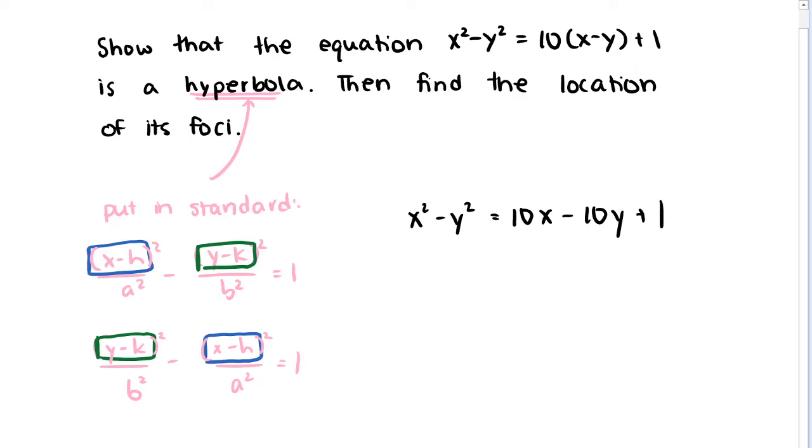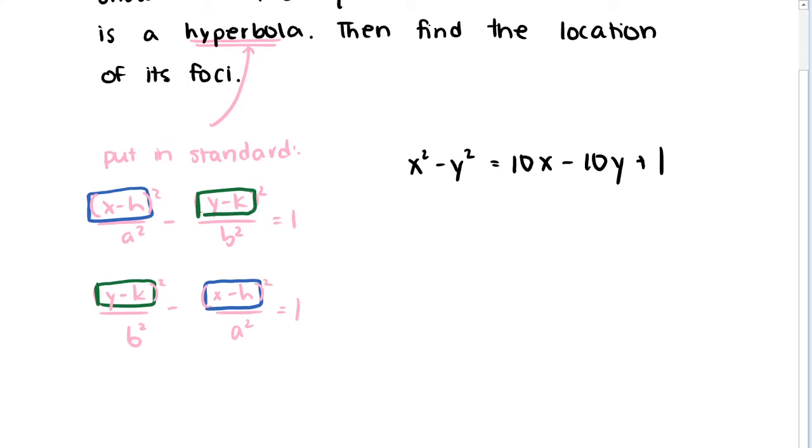And so we want to try and get all the x terms on one side and all the y terms on one side. So let's move those 10x and 10y over to the left side. Let's subtract away 10x from both sides and add 10y to both sides, giving us x squared minus 10x minus y squared plus 10y is equal to 1.